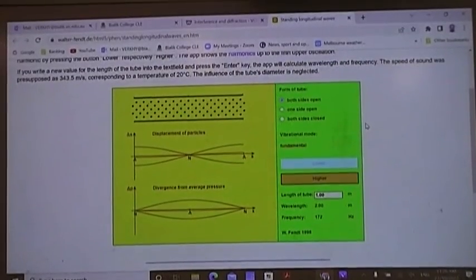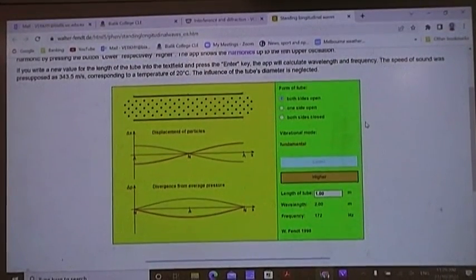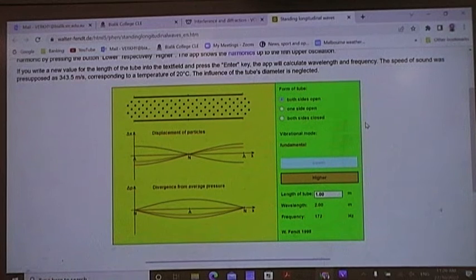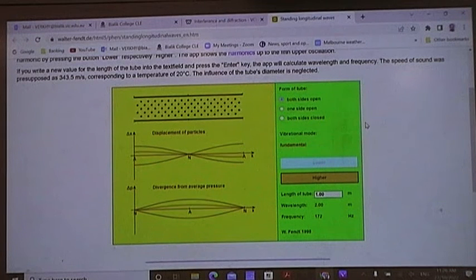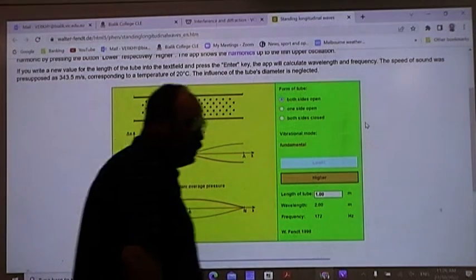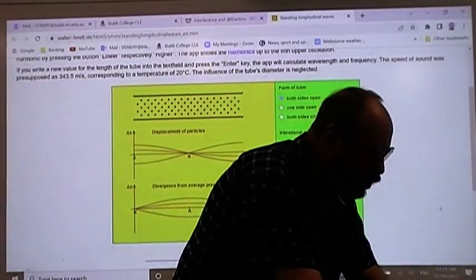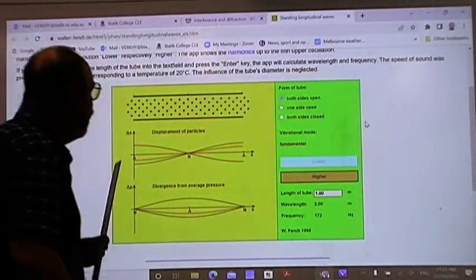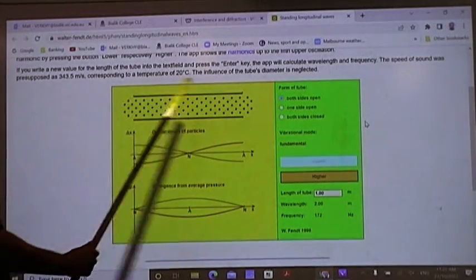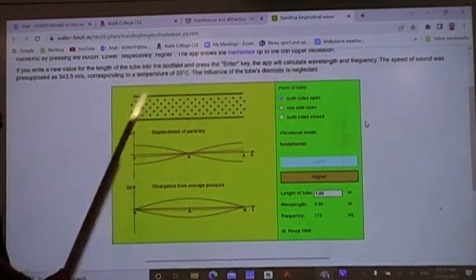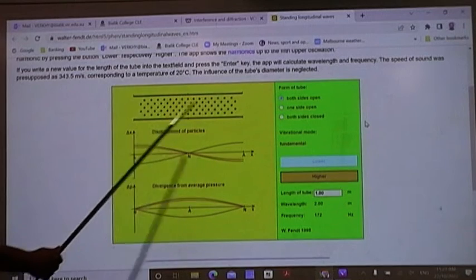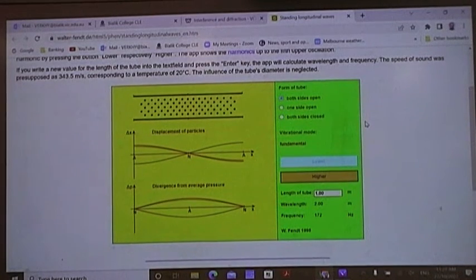So let's have a look into how the sound is produced by the oscillation in the pipes. We have a pipe open at both ends, and that's how the air particles are oscillating in the pipe.